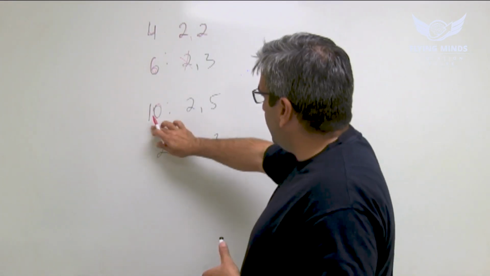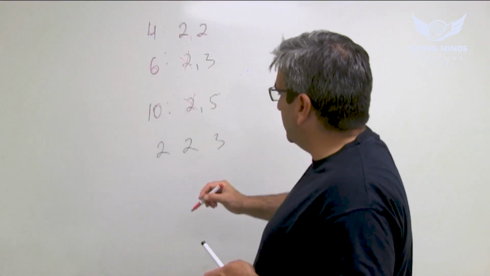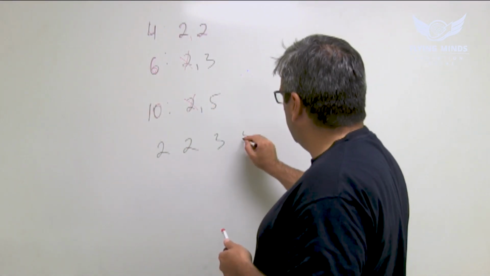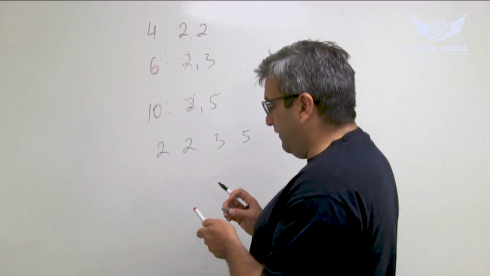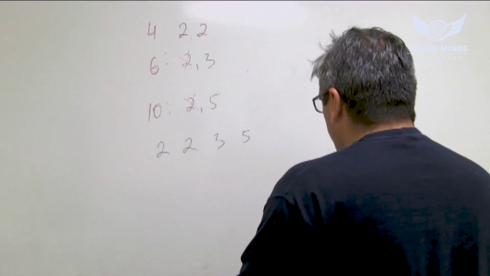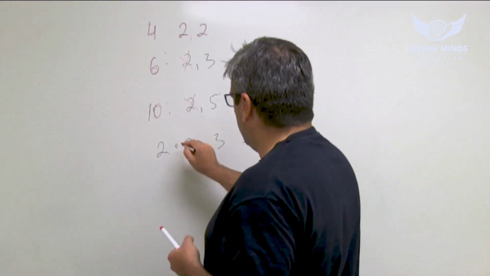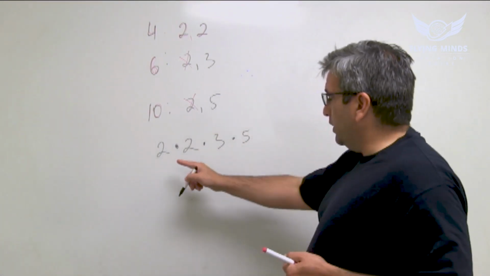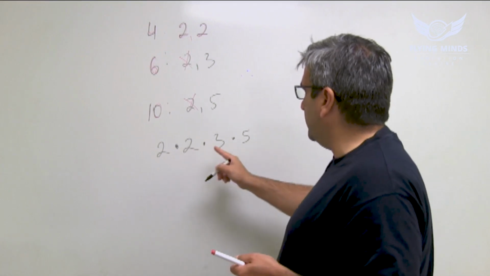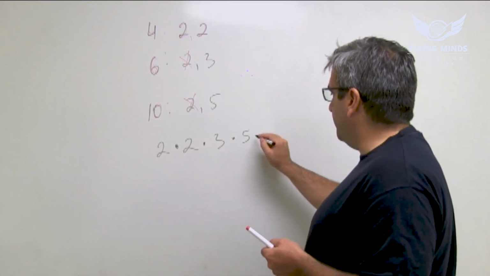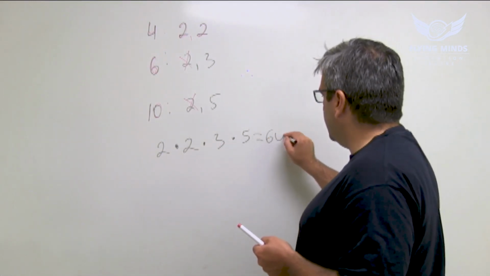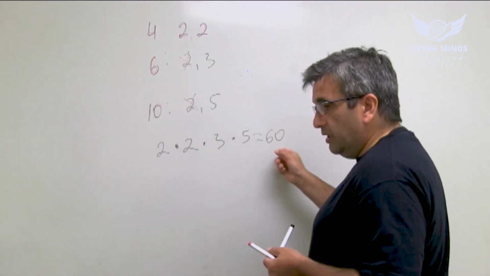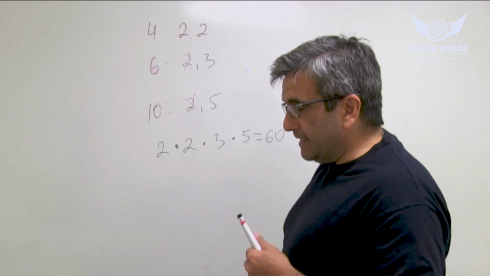From 10, we already have 2, we're not going to take it, but we're going to have 5, right? If we multiply them, we get 2 times 2, 4 times 3, 12 times 5 is 60. So the smallest number of beads we're going to have is 60.